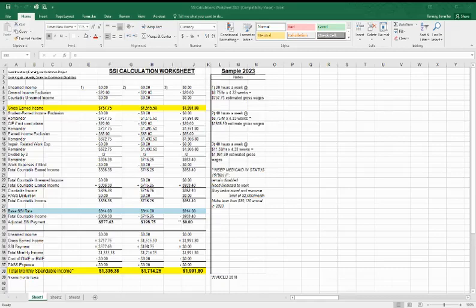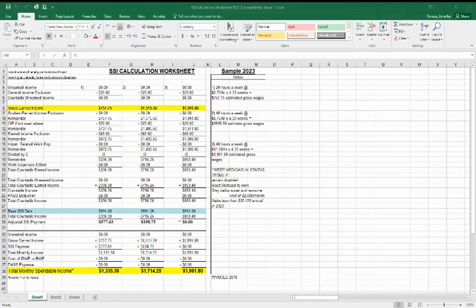These are the numbers that you will be interested in. The trial work period threshold for 2024 will be $1,110 a month, up from $1,050 a month in 2023.